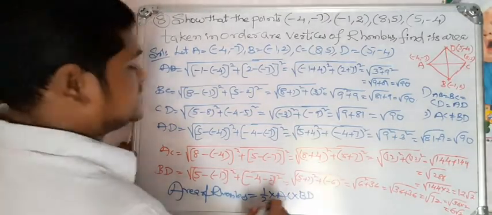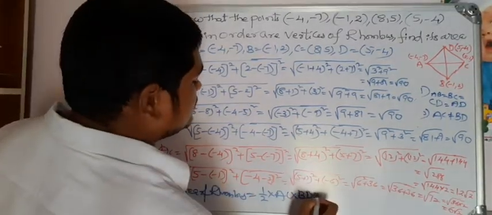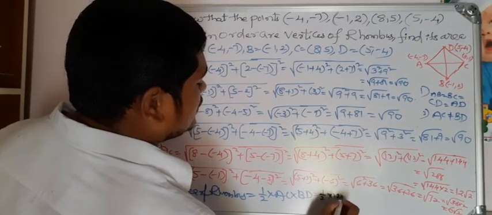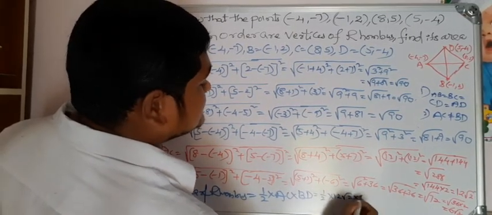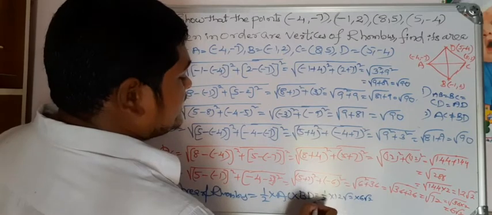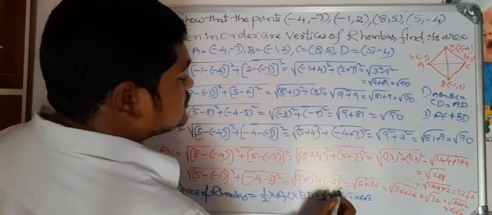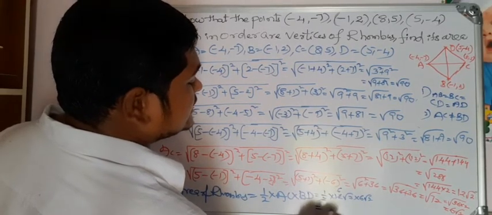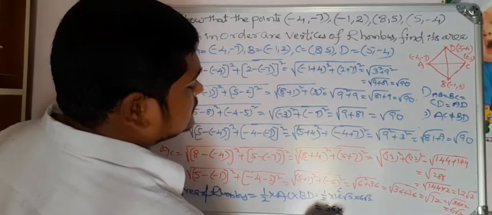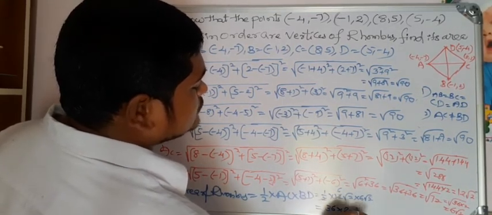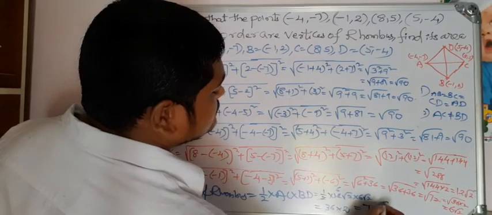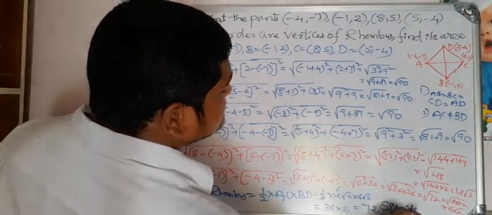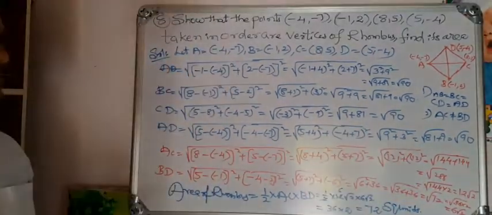Now that is half into AC value 12 root 2 into BD, which is 6 root 2. Now cancel the 2 here, 6 times, so this is 6 into 6, that is 36. Next, root 2 into root 2 is equal to 2. So it is equal to 72 square units. This is the area of the rhombus.